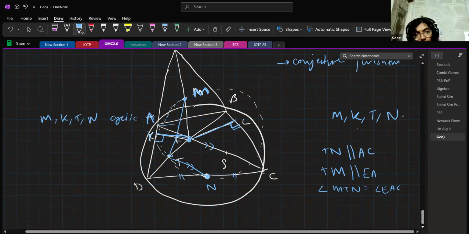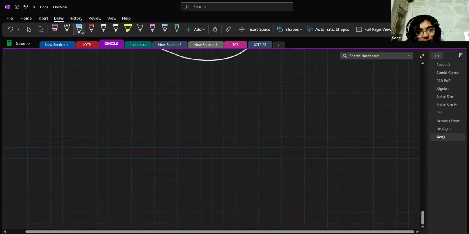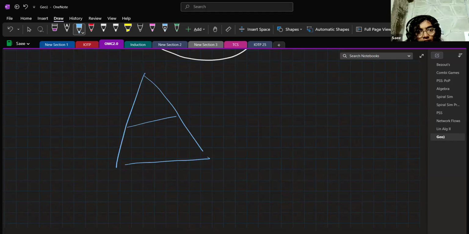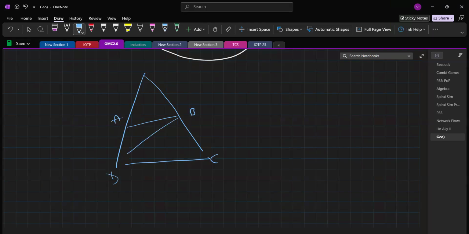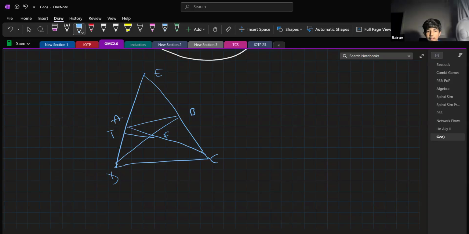Maybe we can make another diagram. We have this cyclic quadrilateral ABCD. You can use the shape option. I think we can find MKT because you can handle MT. Why is S there?